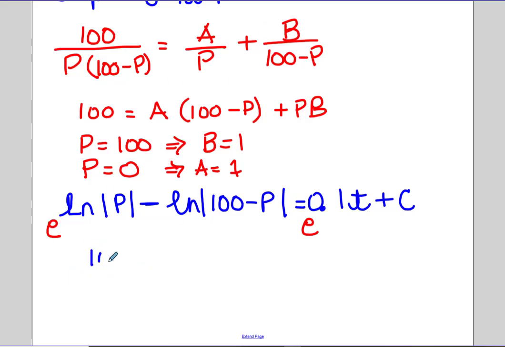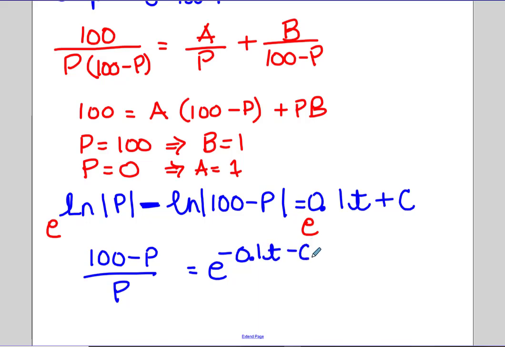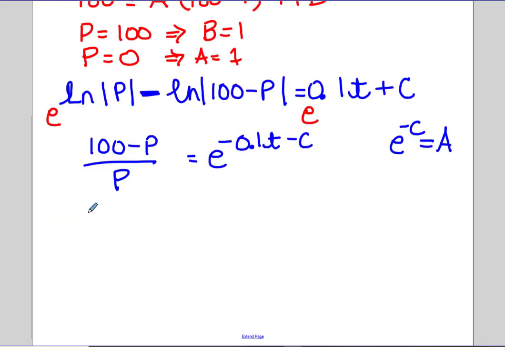So we have (100 - P) divided by P, and I'm taking this negative and putting it on the other side. So we have e to the negative 1/10 t minus c, and we're going to let e to the negative c represent A, just a constant.